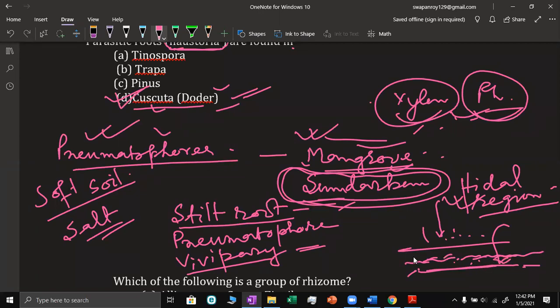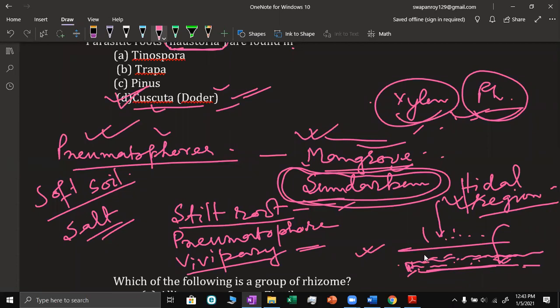And another thing is, this water is highly saline. Then what will happen? Whatever water is there in the seed will be taken out, because the outside concentration of the solution is very high. Okay, osmosis will take place in the reverse direction.